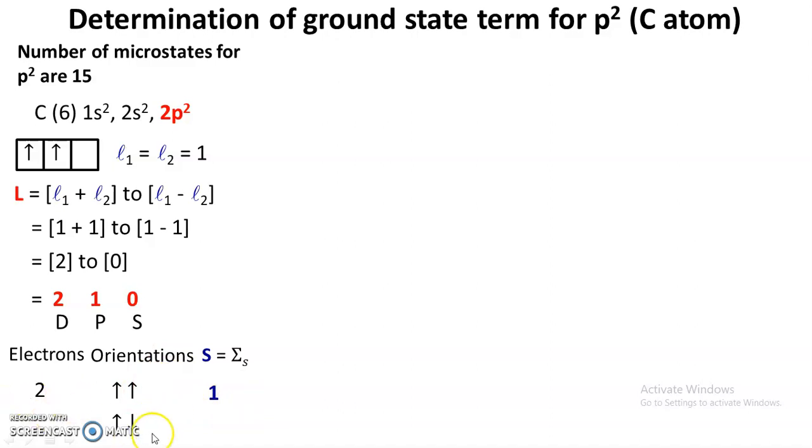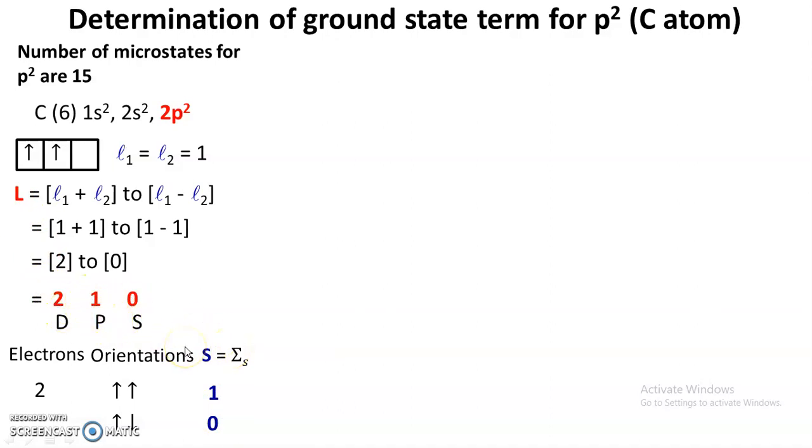Another orientation for the 2 electrons is one electron spinning clockwise and the second electron spinning anti-clockwise, so plus half minus half equals 0. So the resultant spin quantum number is 1 or 0. These are the S values: 0 and 1, and the L values are 2, 1, 0.